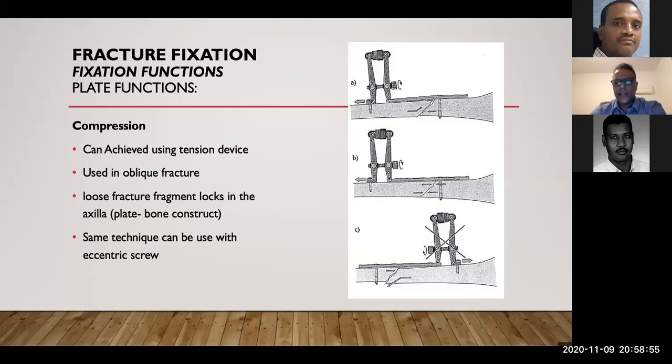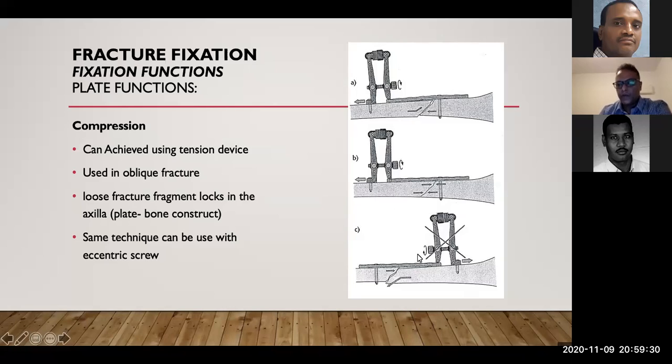Also, we can achieve the compression by using a tension device. And to do this, we have to attach the loose fracture fragment and let it go to the axilla. So basically, if the plate is here, then we fix one side, and then this has to be on an acute angle, and then this fragment will be compressed by pulling the plate into it, and this will achieve the compression, and then we can fix our plate.